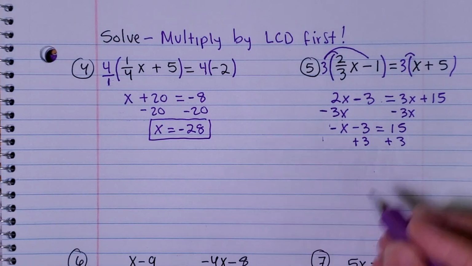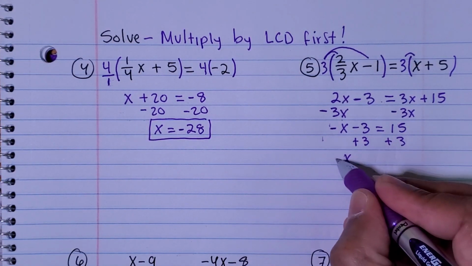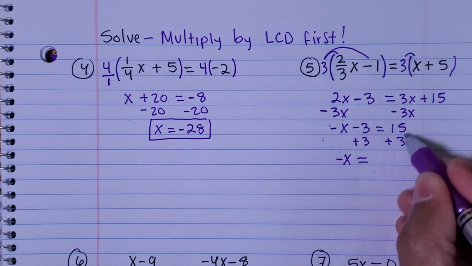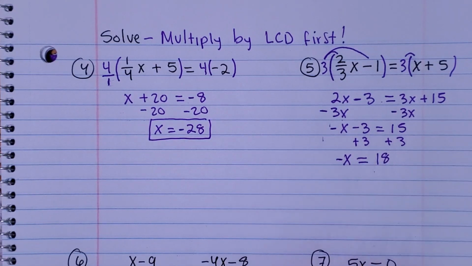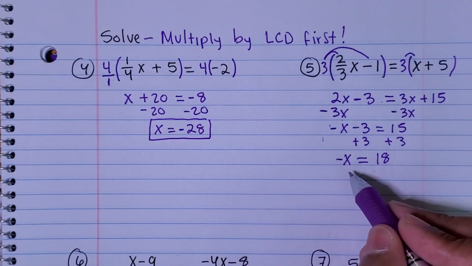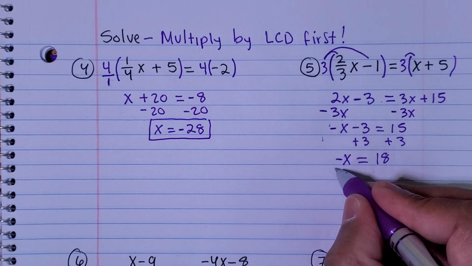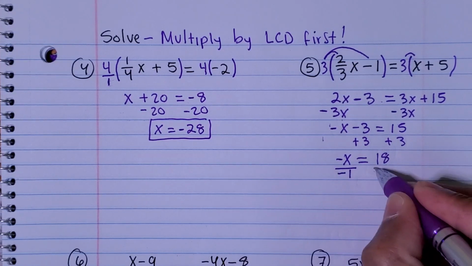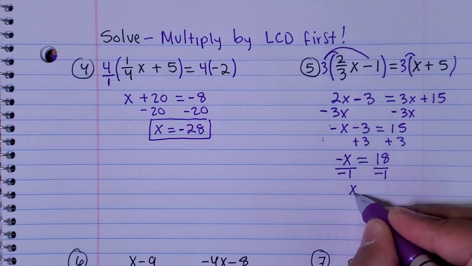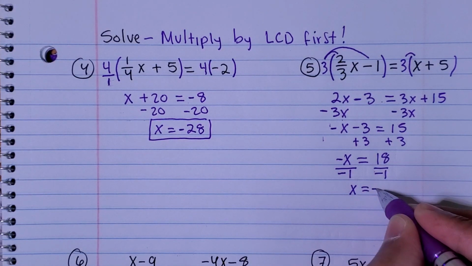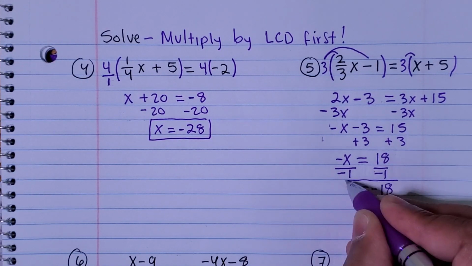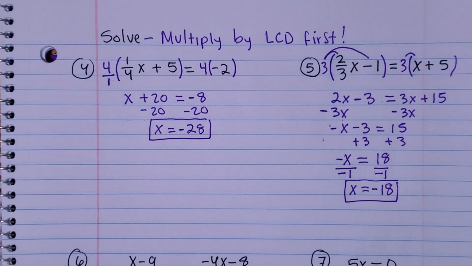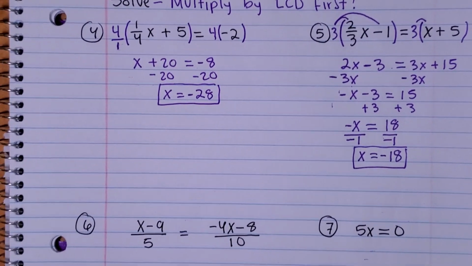Okay, so I have negative x equals, this is positive 18, but I don't want negative x, I want positive x. So I'm going to divide by a negative 1, and that makes the x positive. So then x equals negative 18. And that is the solution to this equation. Okay, let's go on to the next example.